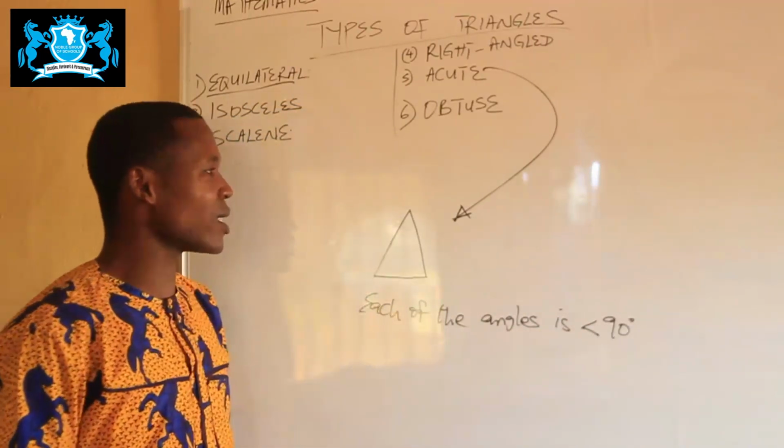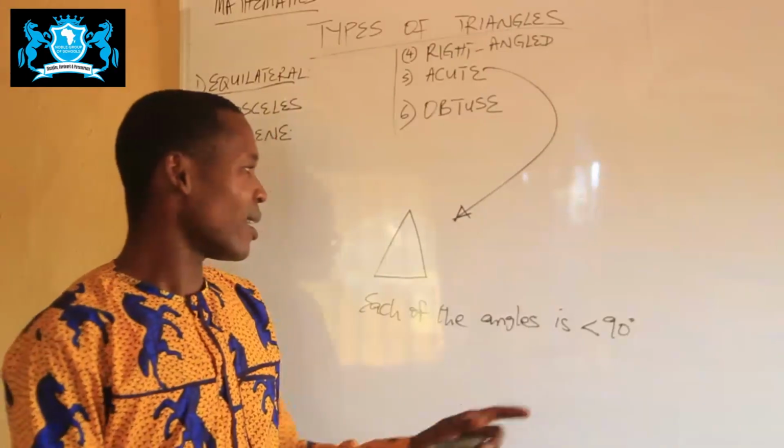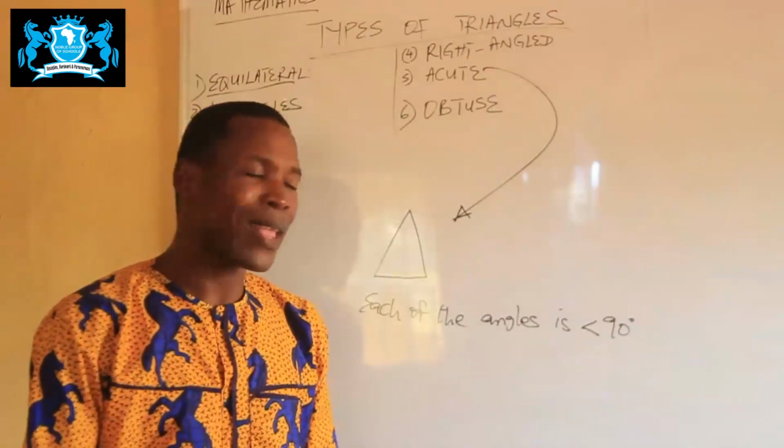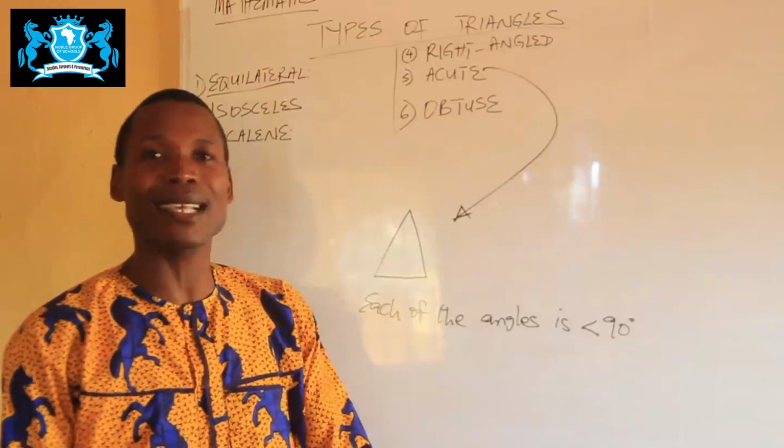Each of the angles in an acute triangle is less than 90 degrees.